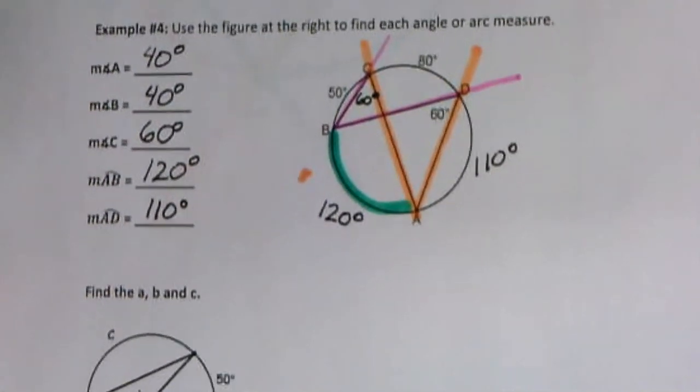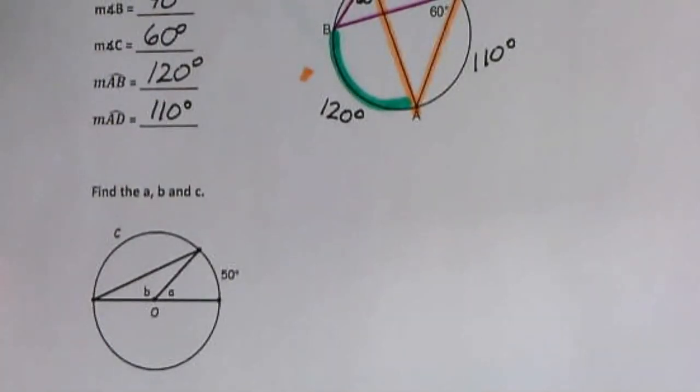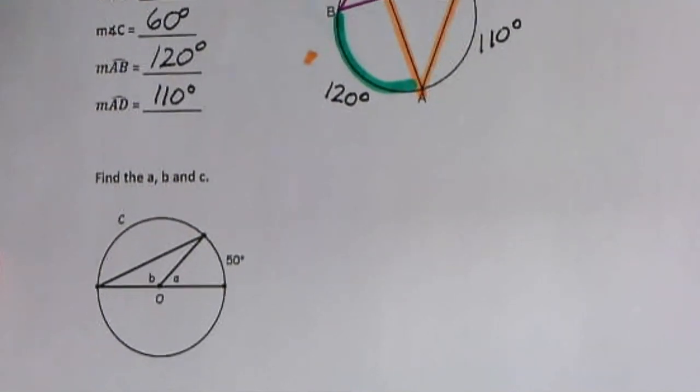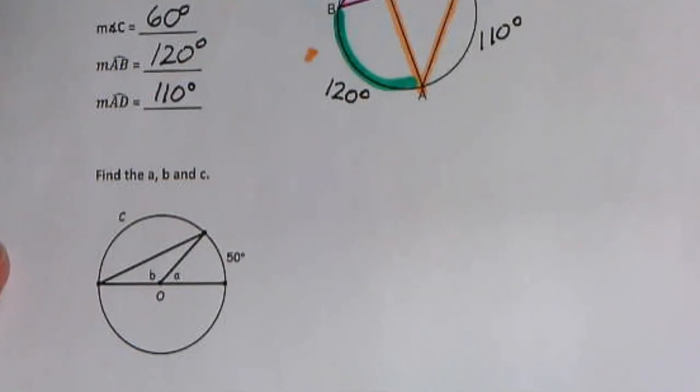The last example on your guided notes says find the measures of angle A, B, and C. This is a little interesting, a blast from the past. Angle A is a central angle. It's not inscribed, because look at where the vertex is. It's right at the center of the circle.